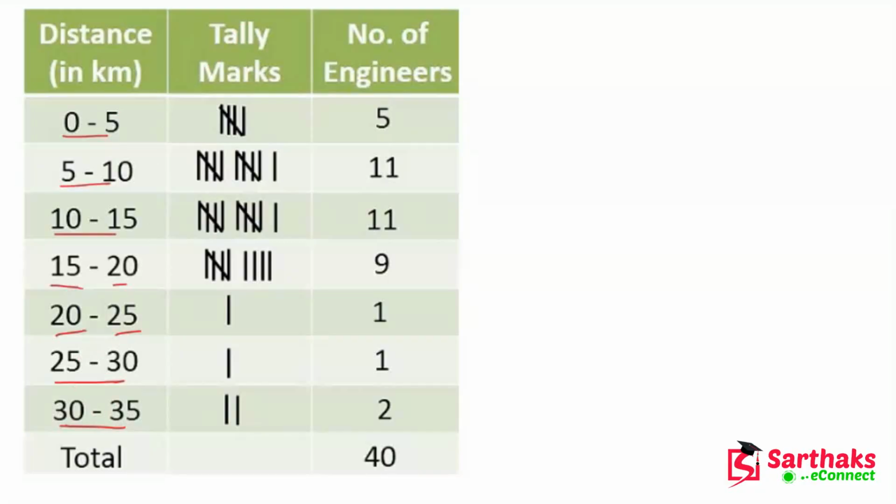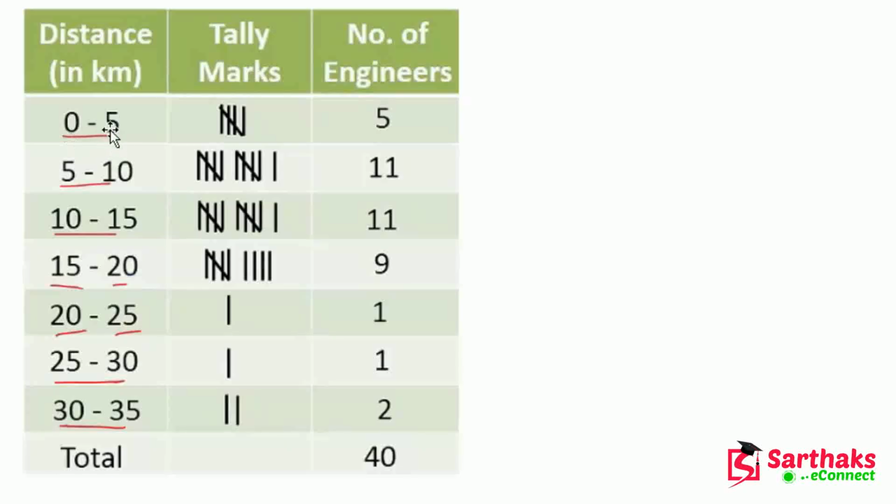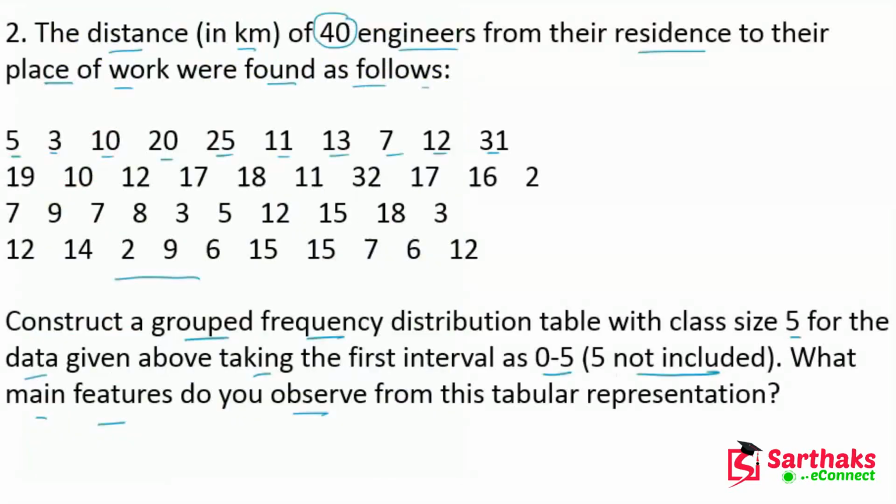Now we have to see the number of distances in 0 to 5. Here the upper limit is not included, so we look for distances in the range of 0 to 5 but less than 5.